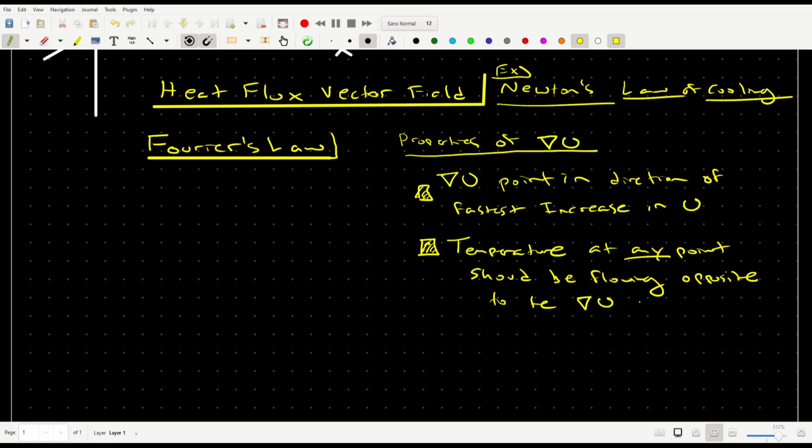Right? And these are the two basic things that we're going to be using when we write down Fourier's law.